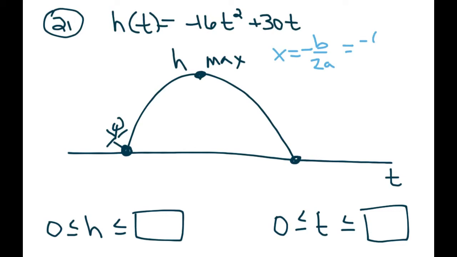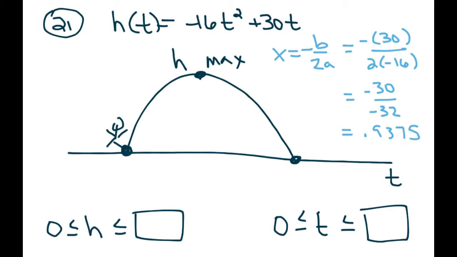So, -b over 2a is going to give me -30 over -32, which is going to give me 0.9375. Well, that is the x value of the vertex.